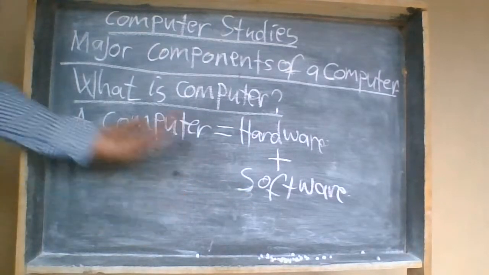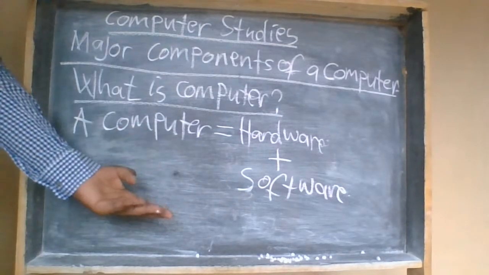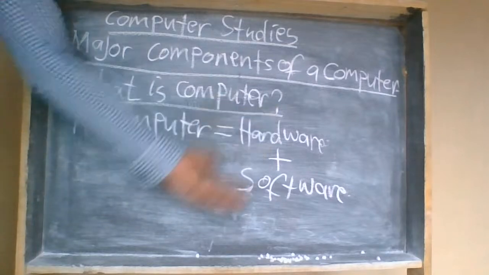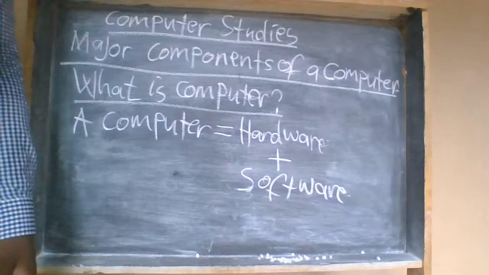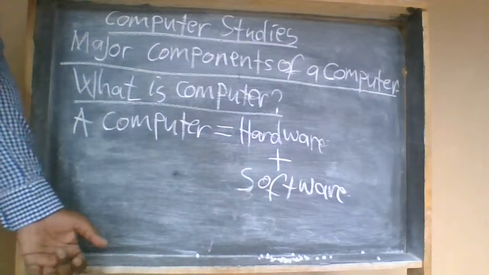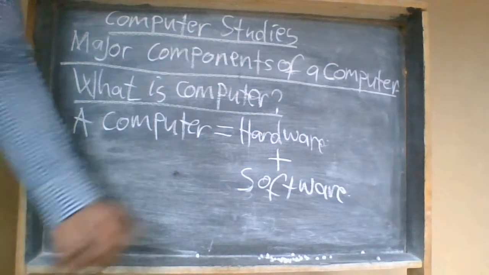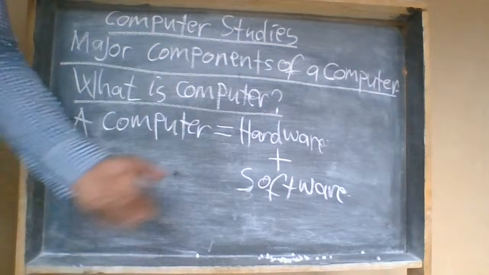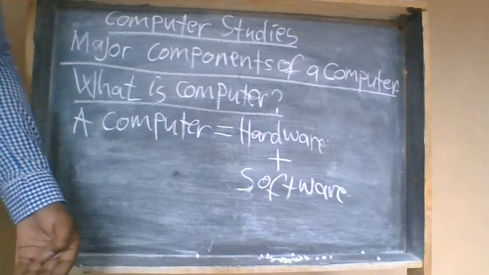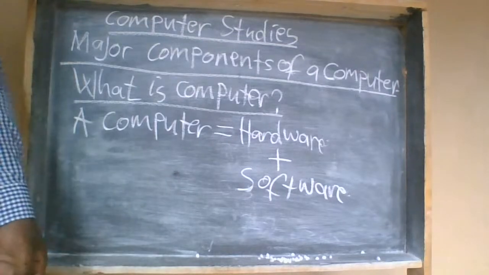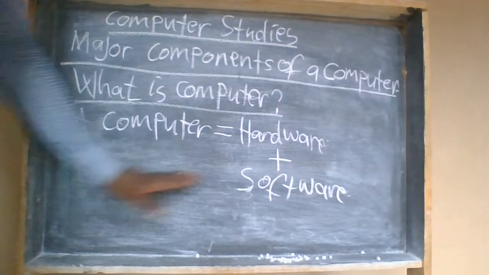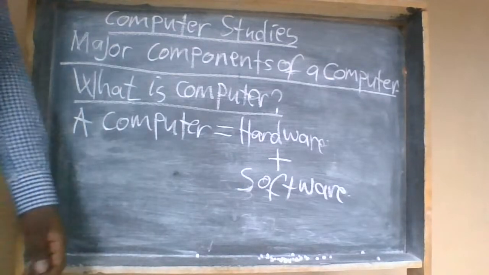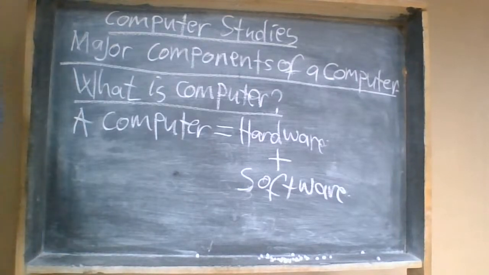By having this definition, it summarizes everything about a computer: taking input, processing, storing data, and outputting information, which is data that has been processed. This is the greatest summary of what the definition of a computer is.